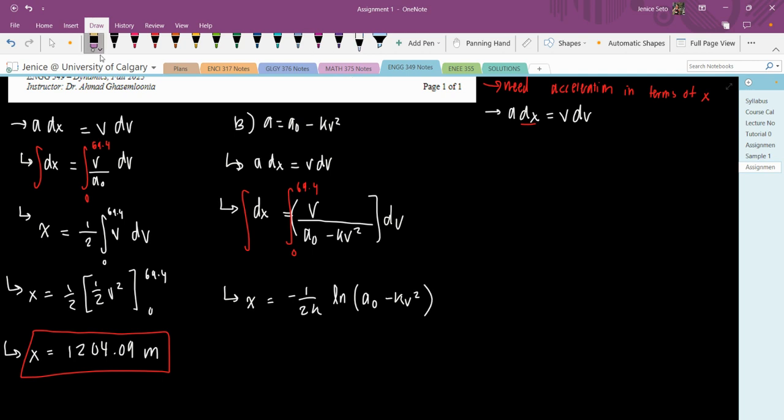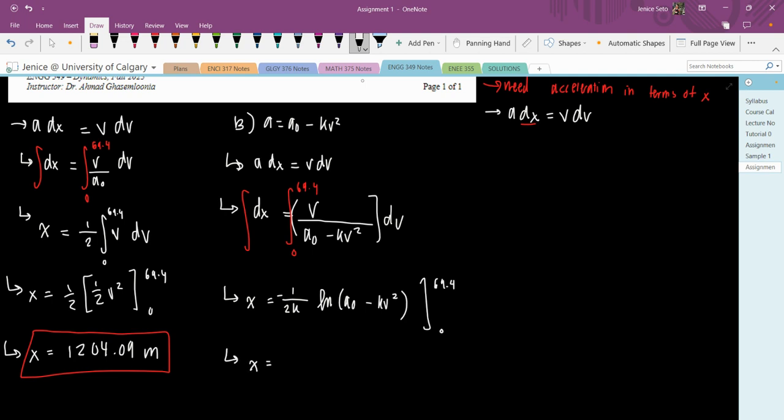I'll go through that integration just so you can see. If we were to just kick out that dv, we can account for this v at the top, and that is why we get ln of a naught minus kv squared times negative 1 over 2k. All of this is from 0 to 69.4.